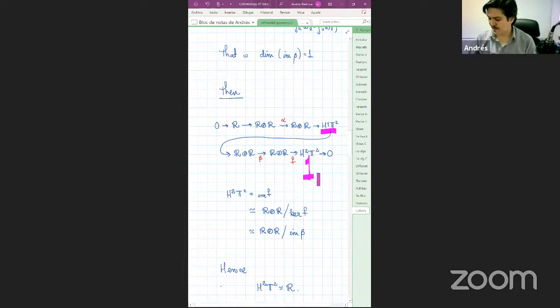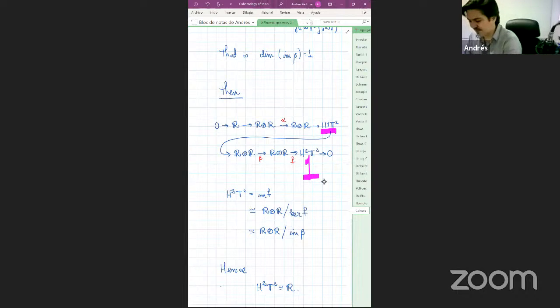We know that this is one dimensional. It's two-dimensional.